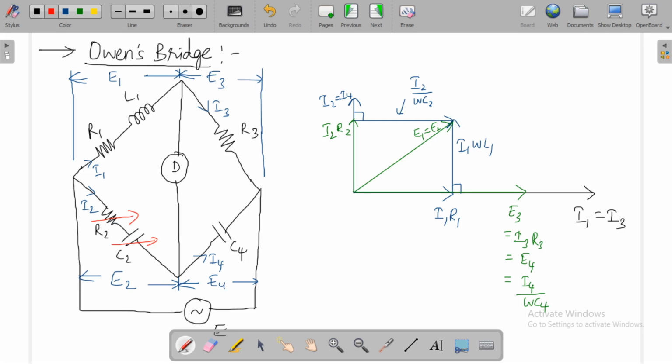So the phasor sum of these two is E. This will be E, the phasor sum of E1 and E3 or E2 and E4. Thank you.